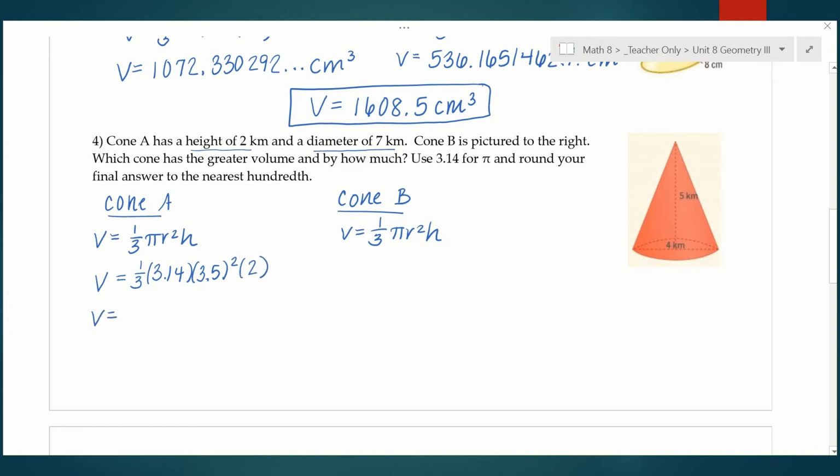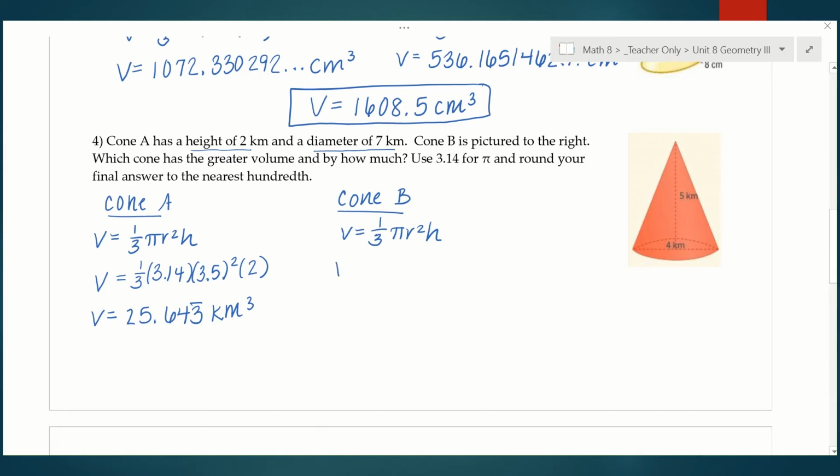All right, so let's type that in. And it looks like we're going to get 25.643 repeating kilometers cubed.